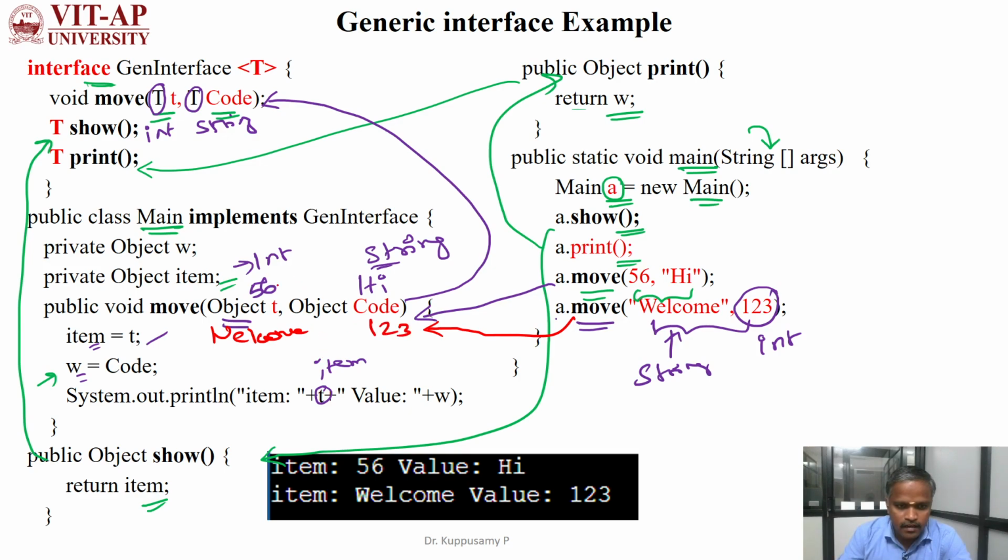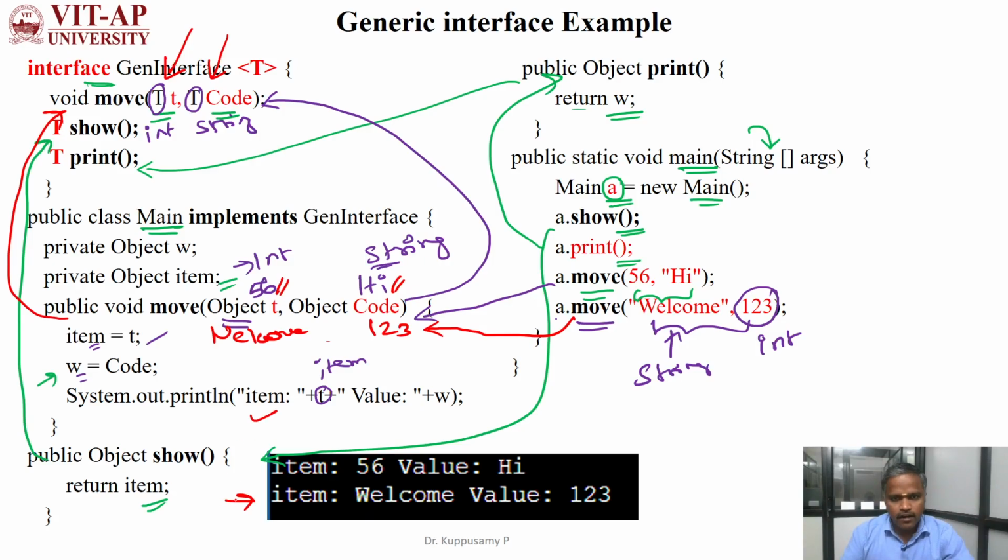Previously it took 56 and high, an integer comma string combination. Now it is a string comma integer combination, which is overriding this method. So since we are using the type variable here, it will carry any type of data, any data type. Then it will print the values by using this one.